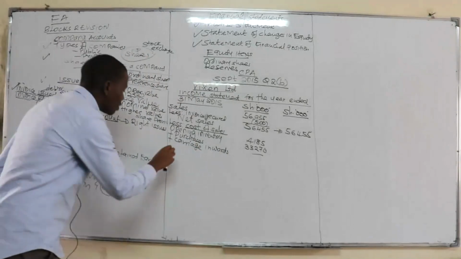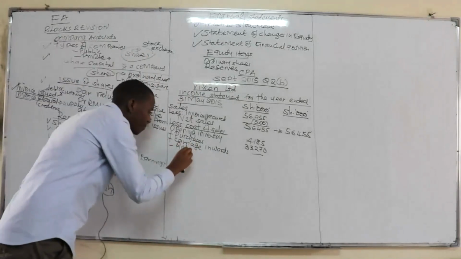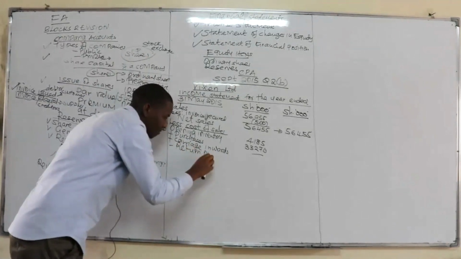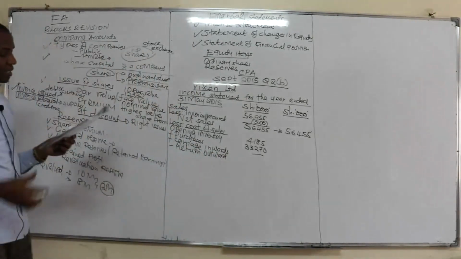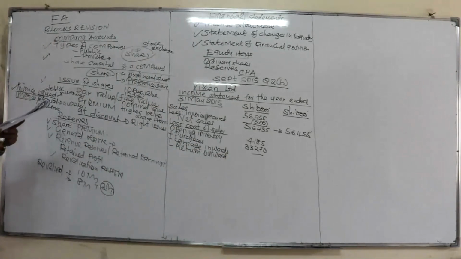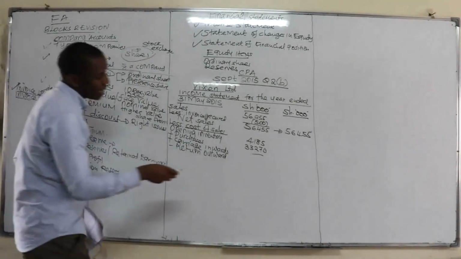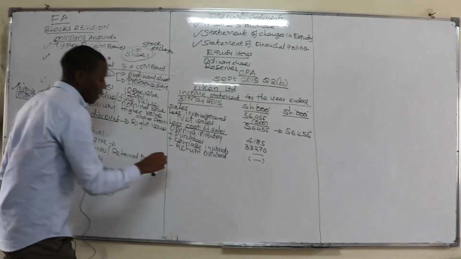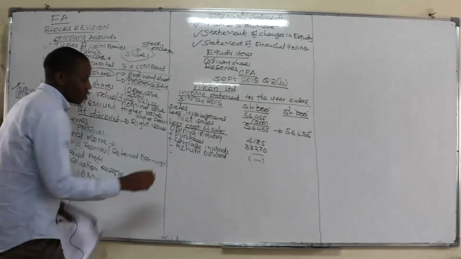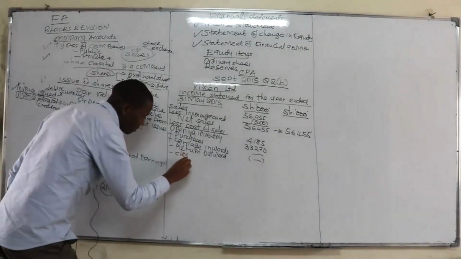Then there is also return outwards. Now, return outwards in this case, I think we also didn't have the return outwards, but if it was there, in that case, you are supposed to deduct. And then from there, you can now deduct the closing inventory.